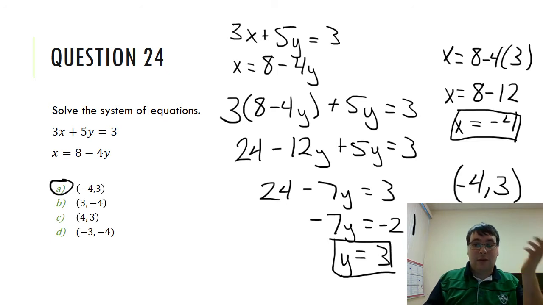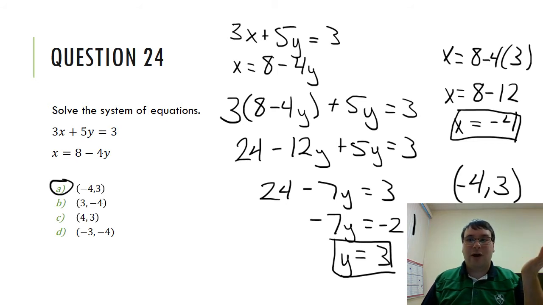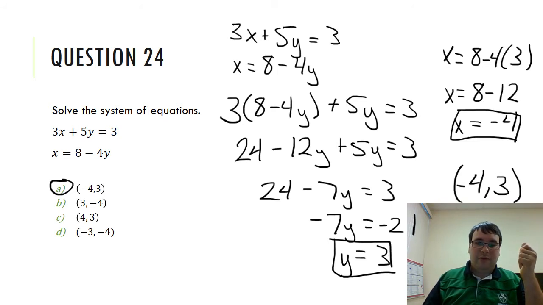Let's try it. So 3 times my new x value from the second equation plus my 5y is equal to 3. Check it out. I no longer have x's. I just have y's. How cool is that? So we're going to go ahead and distribute.